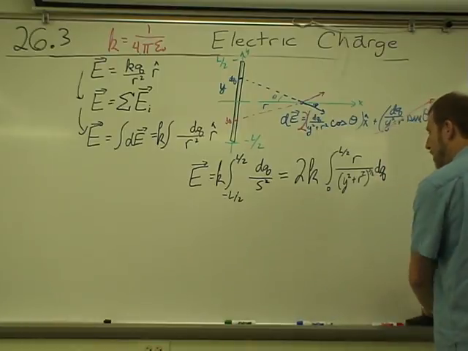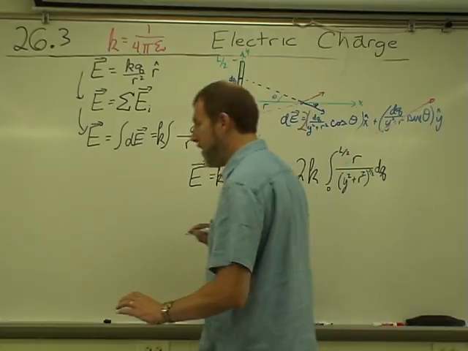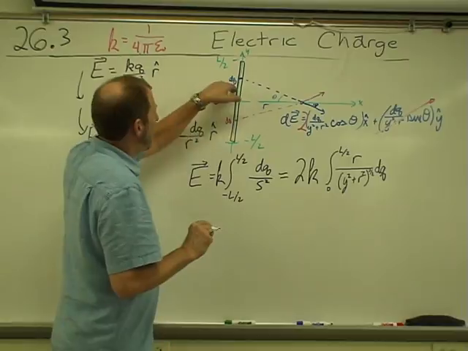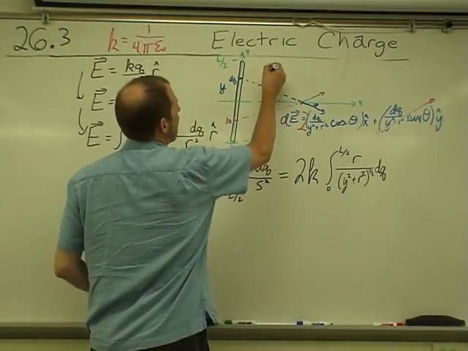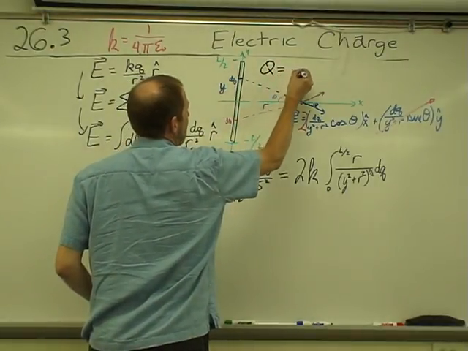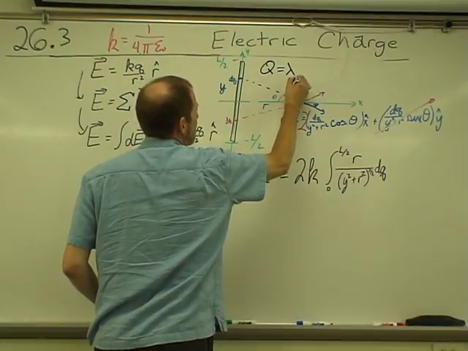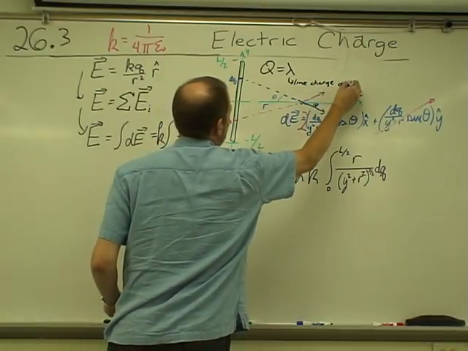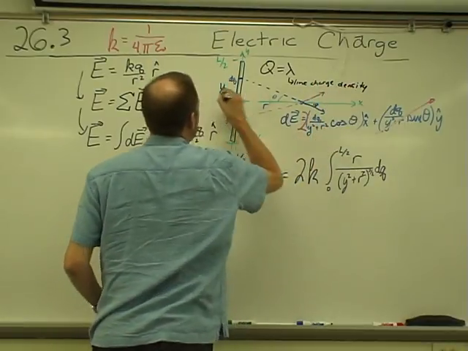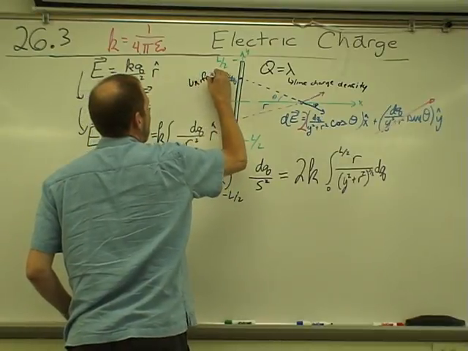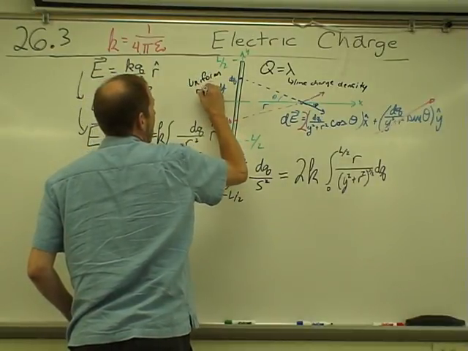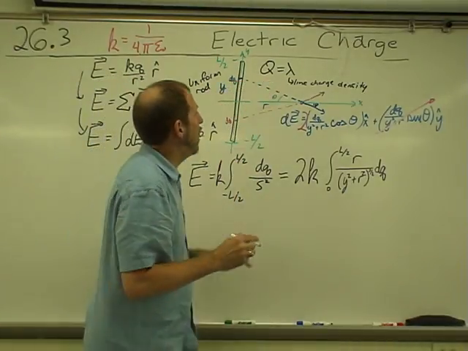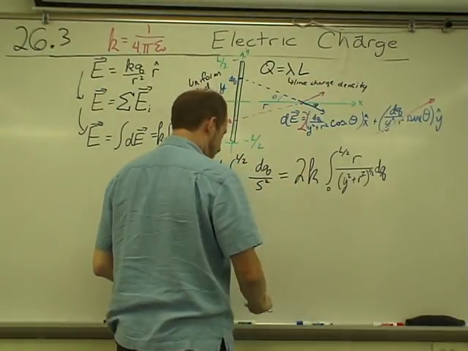times dq, which seems like an unhelpful pain in the rear because I've got a distance in terms of q. But if I take this charge here and say, okay, the total charge q is equal to some line charge density, as long as I've got a uniform rod of charge, then the total charge is equal to the line charge density times the length.